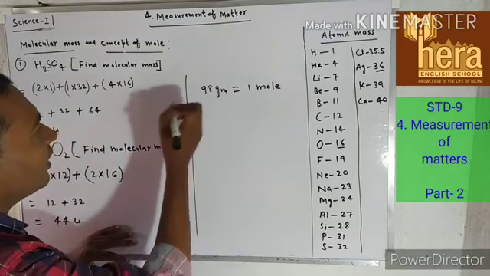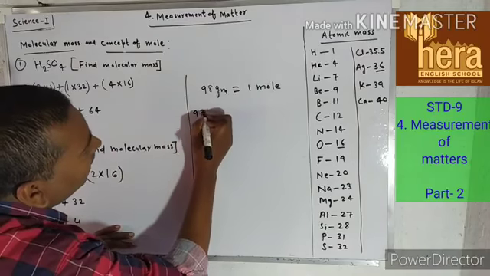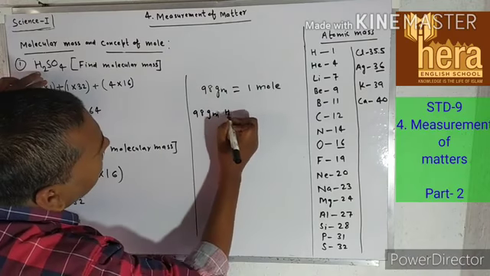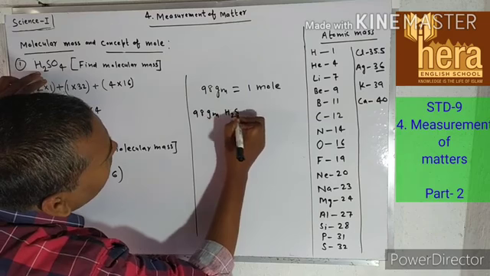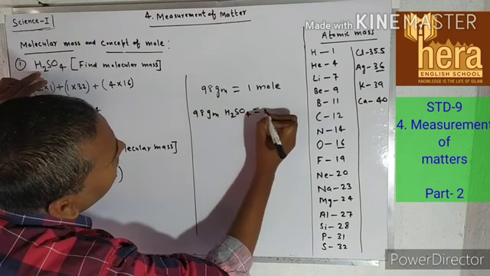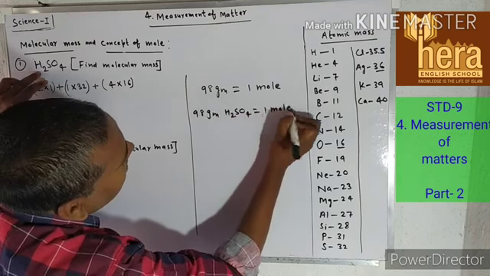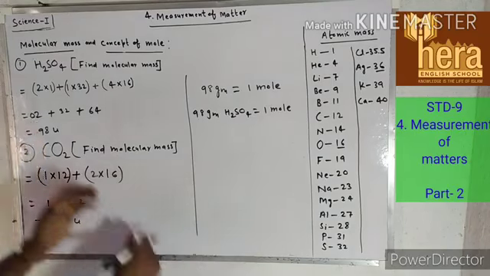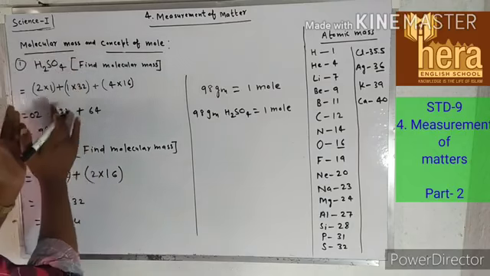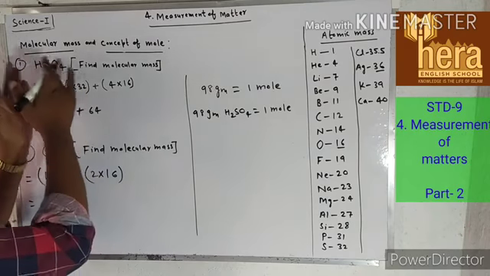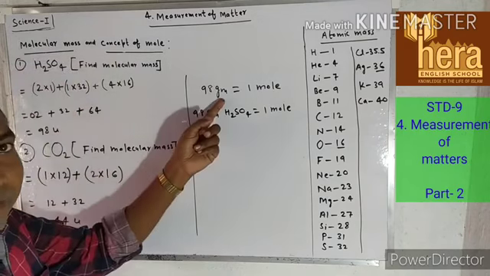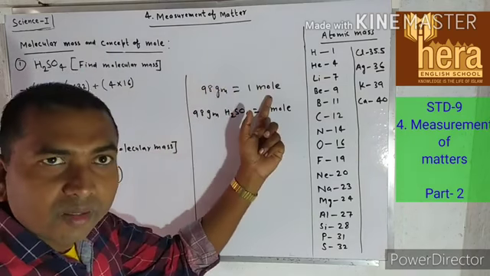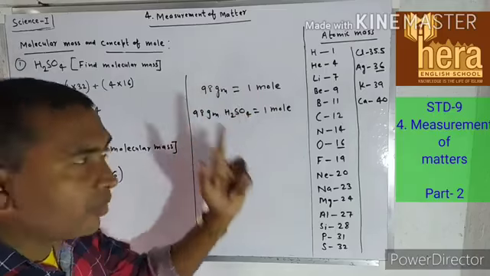I mean to say, we can write here 98 gram H2SO4 is equal to 1 mole. Understood? If you represent the molecular mass of a substance in gram, then that will be equal to 1 mole.